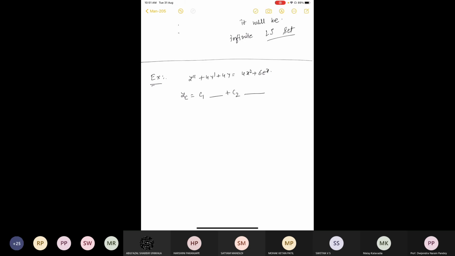Please tell me what are y1 and y2. Find out the auxiliary equation and find out two linearly independent solutions.